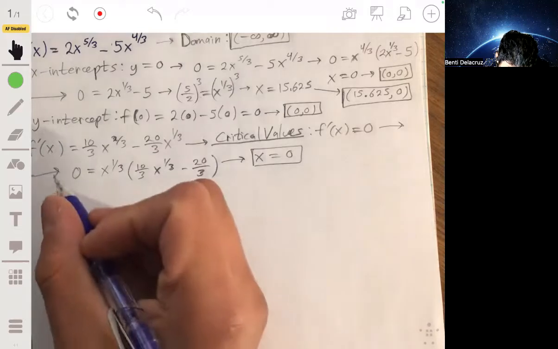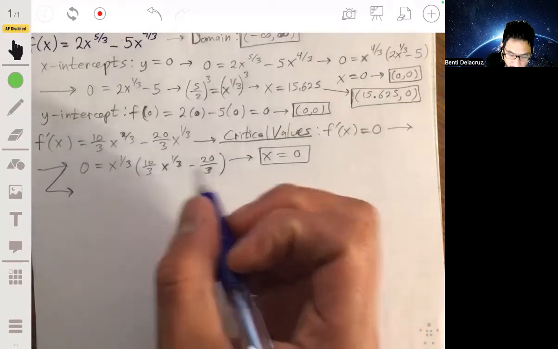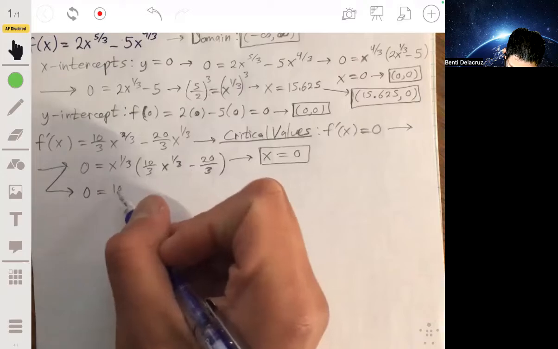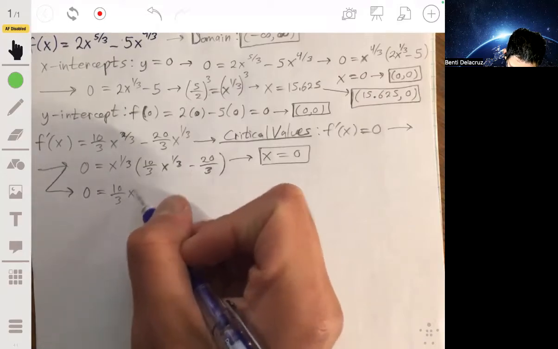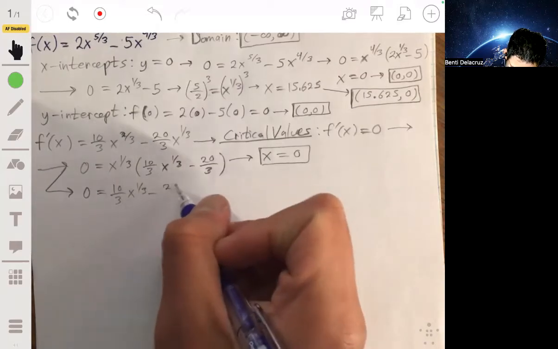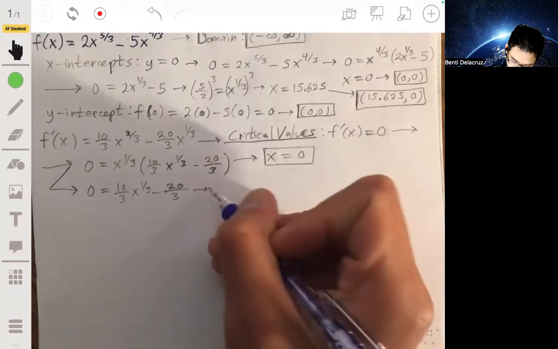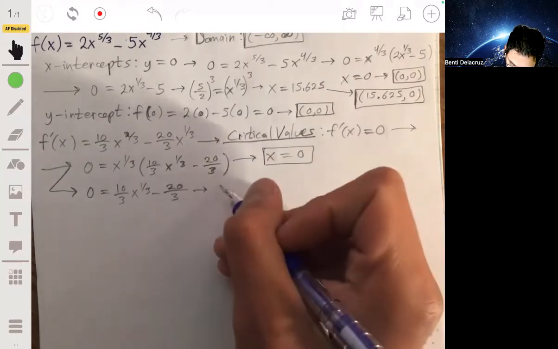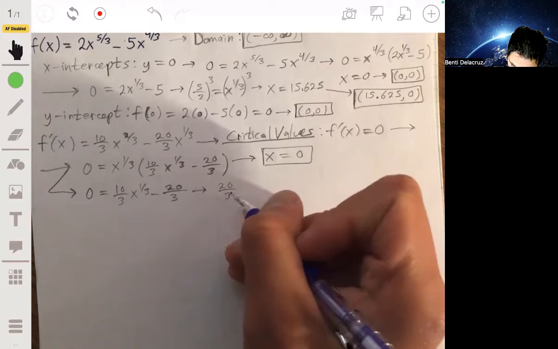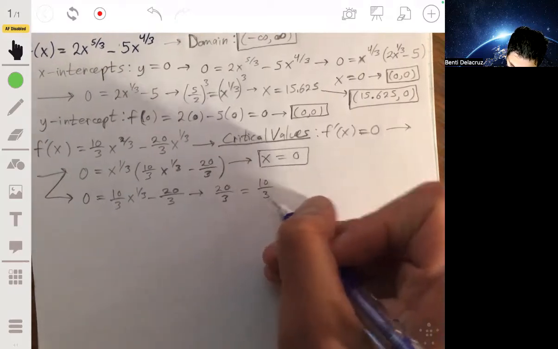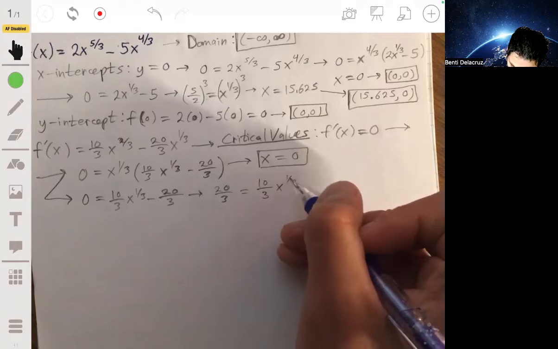So let's see, hopefully the numbers work out nicely. So we're going to set 0 equal to this thing in here. So 10/3 x to the 1/3 minus 20/3. So adding 20/3 to each side, we get 20/3 equals 10/3 x to the 1/3.